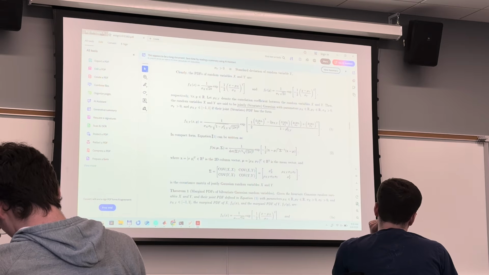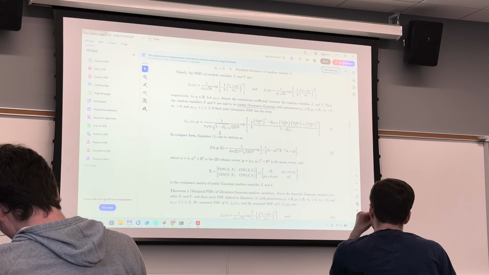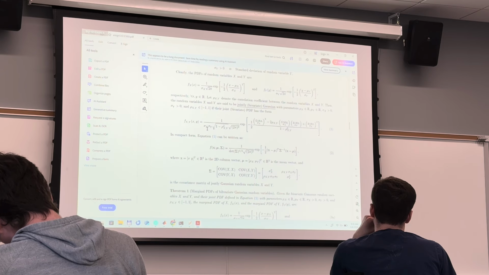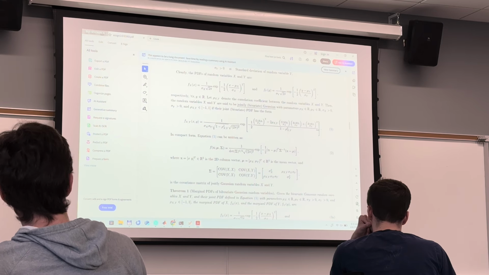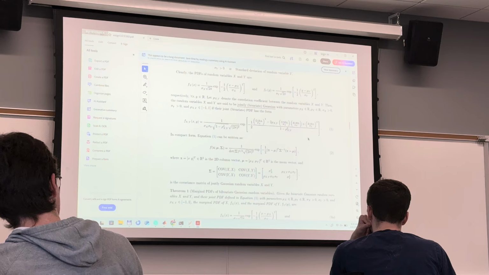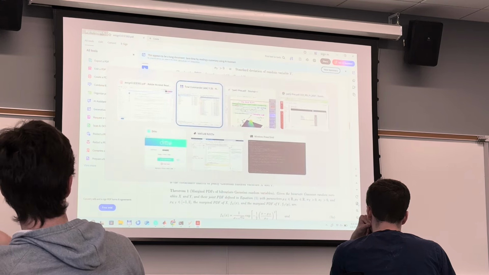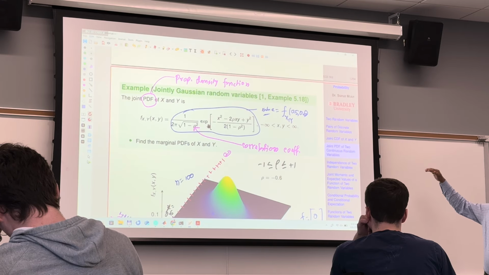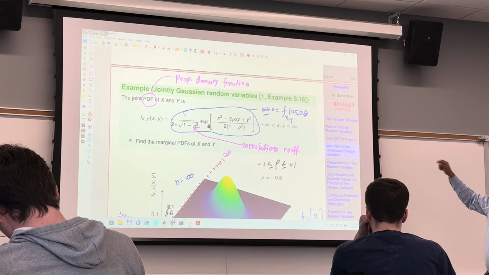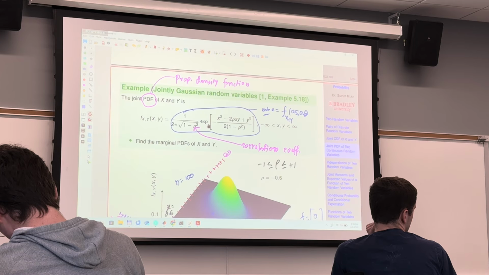So here, if you substitute sigma x equals 1, sigma y equals 1, and mu sub x equals 0, mu sub y equals 0, you will see that this equation boils down to this equation. So the joint PDF itself in example 5.18 is a special case of generalized joint PDF.